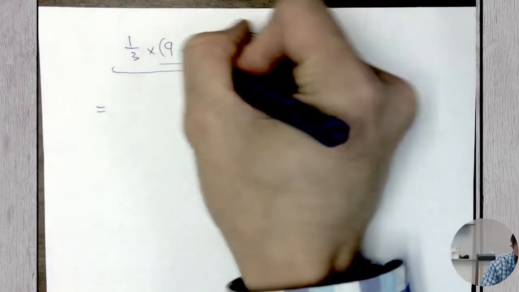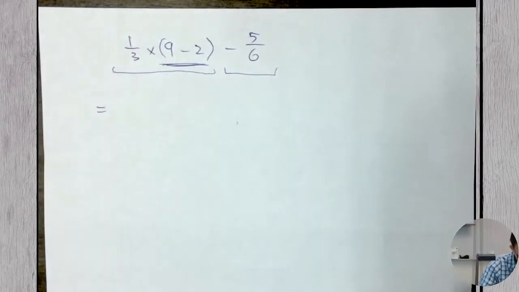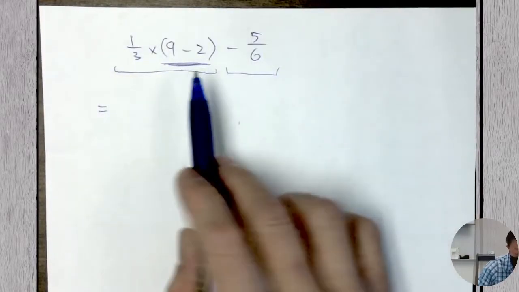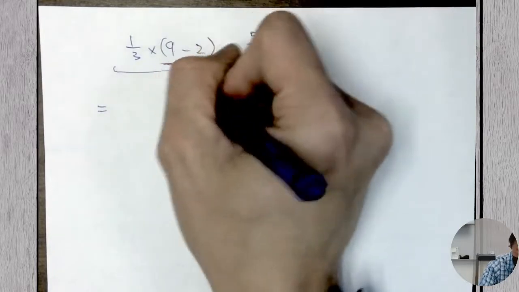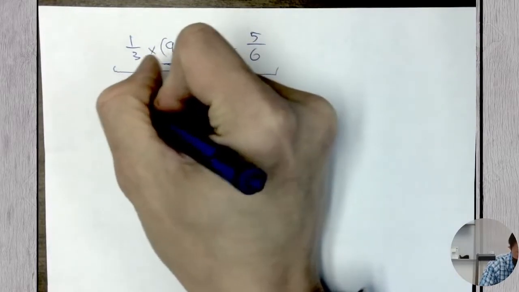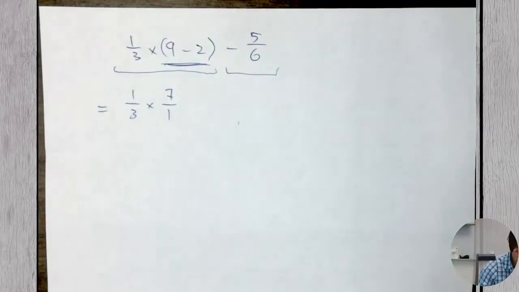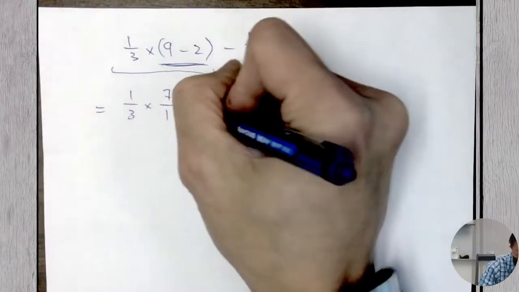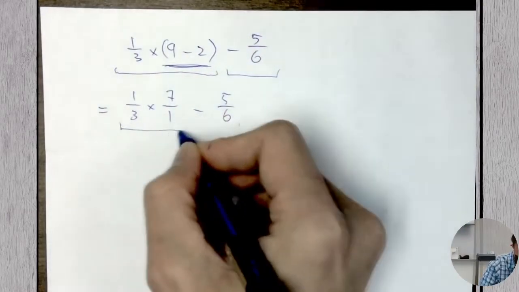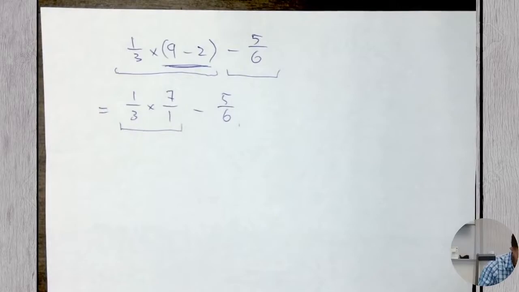If I have bracket, I need to simplify that first. Again, I'm trying to simplify each term. In the first term, this bracket is 7, and I'm gonna write it as 7 over 1 because I'm multiplying what? Fractions. Okay, I'm gonna make everything fraction, and minus 5 over 6. So again, this term could be further simplified.